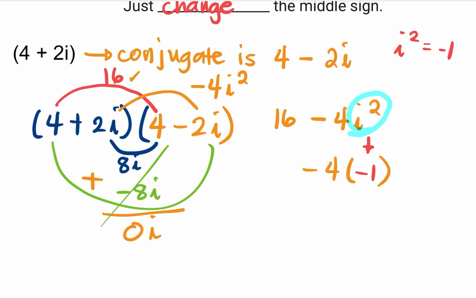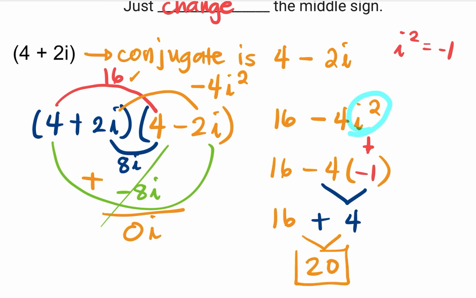So we drop negative 4, we drop 16. We follow PEMDAS, so negative 4 times negative 1 is positive 4. We drop 16, and 16 plus 4, you already know, it makes 20. Therefore, the answer to multiplying 4 plus 2i with its conjugate is equal to 20.